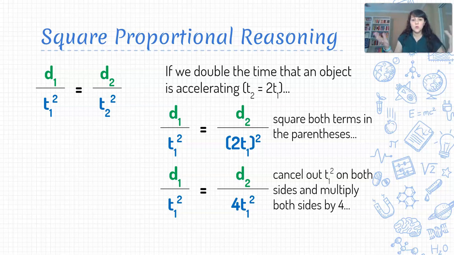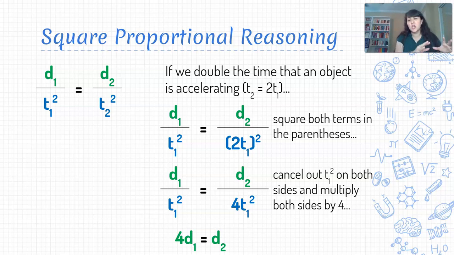Now t1 squared shows up on both sides of the equation in the denominator, so those cancel out. I multiply both sides of the equation by 4, and I land at, if I double the time, I am quadrupling the displacement.